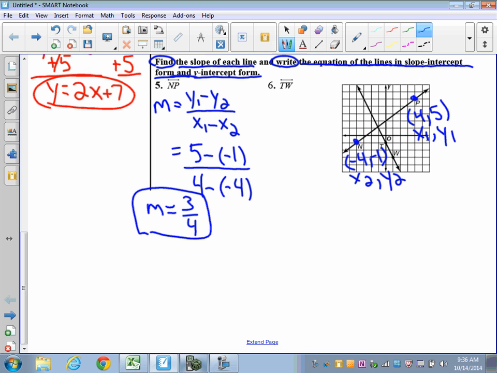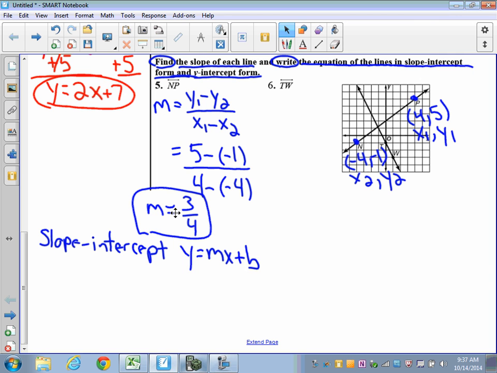Now I need to write the equation in slope-intercept form. Let's see, so slope-intercept is y equals mx plus b, which is the same as y-intercept. Before I can go there, I need to figure out the point slope.